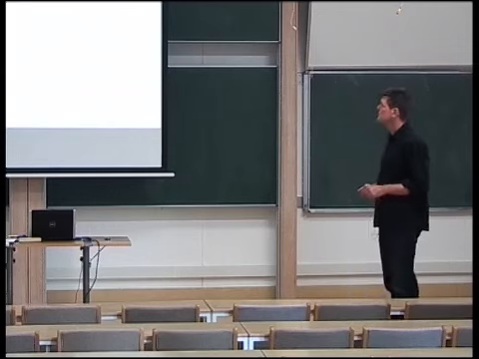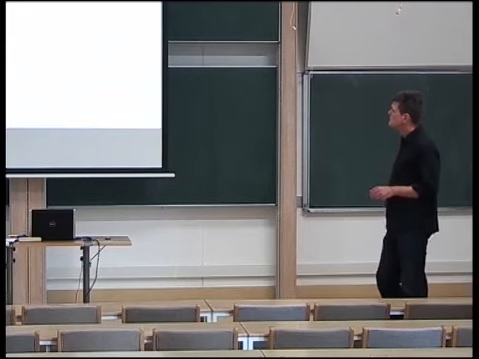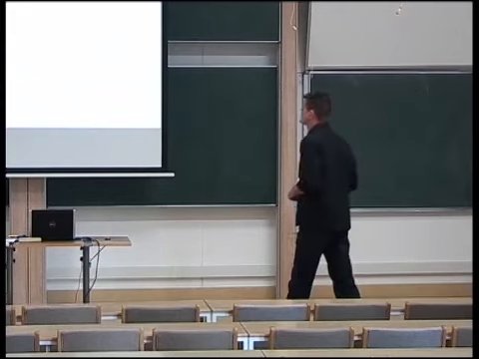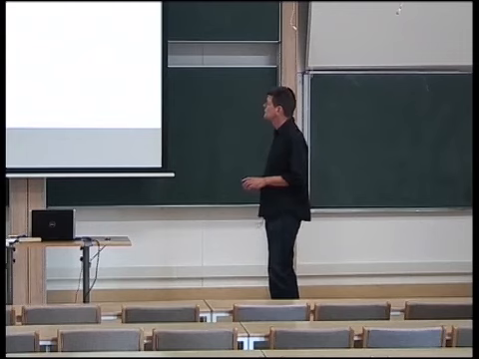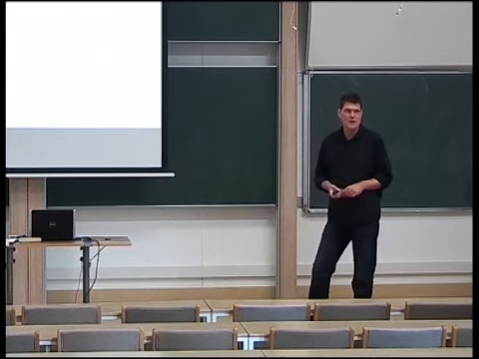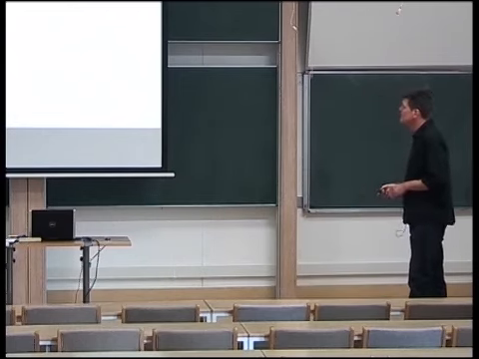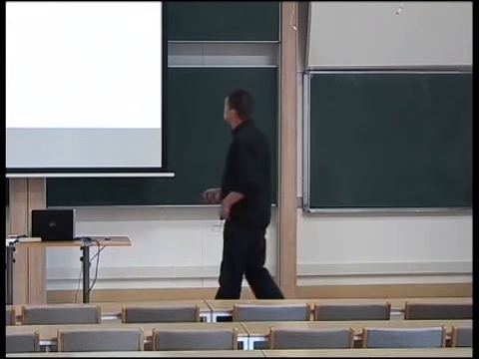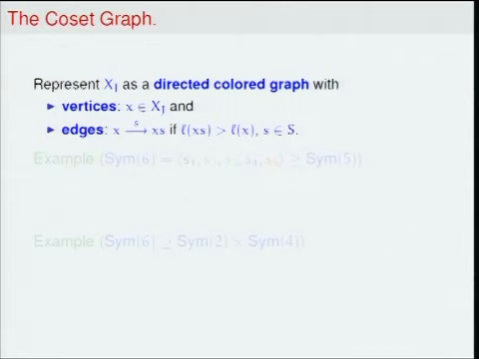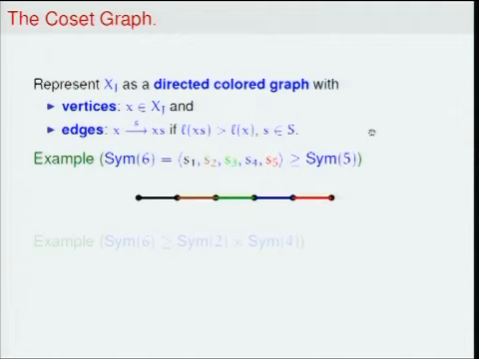Here one can use intervals in the Weak-Bruhat order, or represent these sets as coset graphs, as directed colored graphs, where you take the elements in the set as vertices, and as edges you take the generators which produce one coset representative from another.